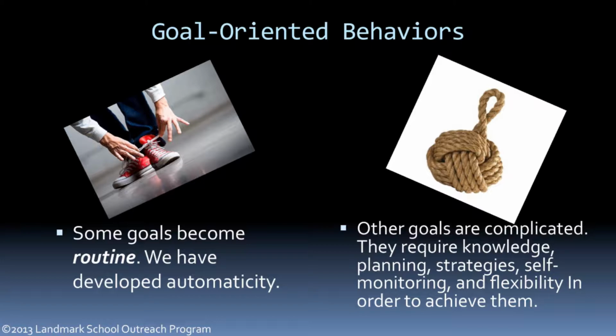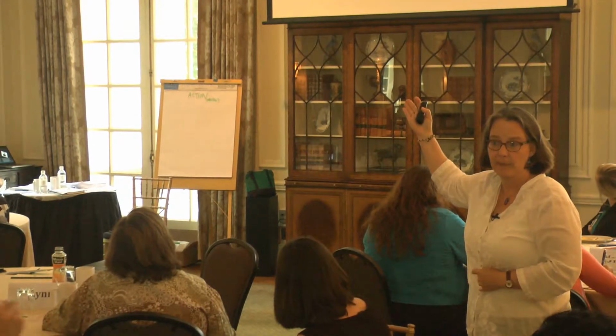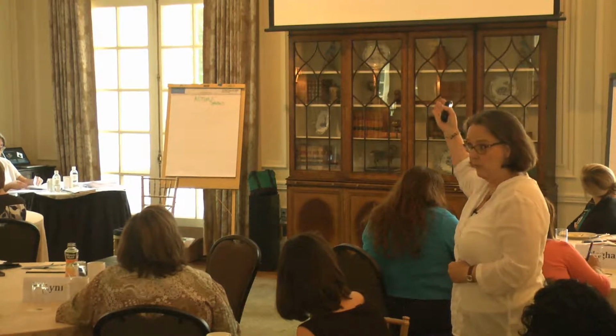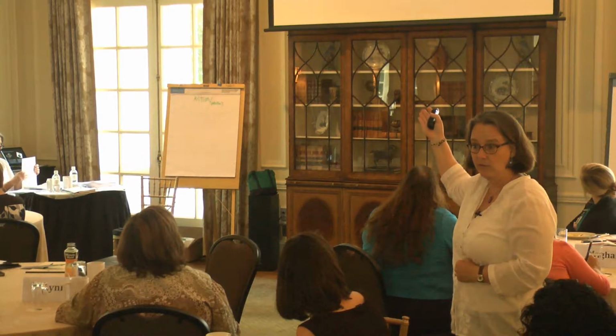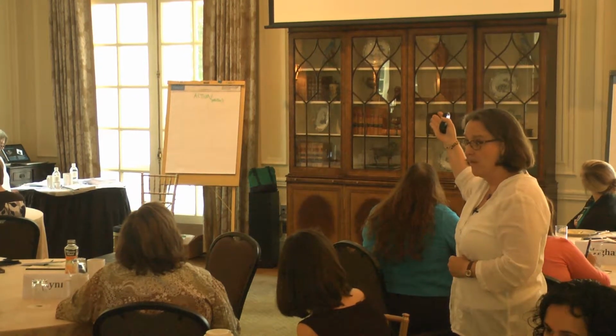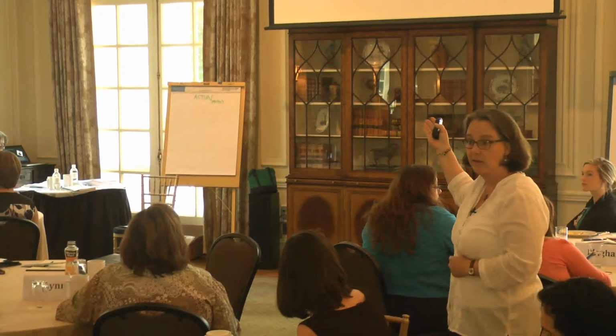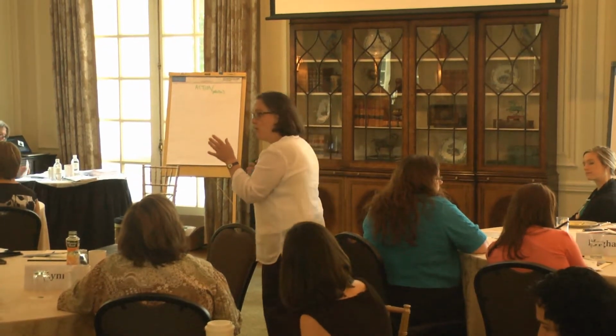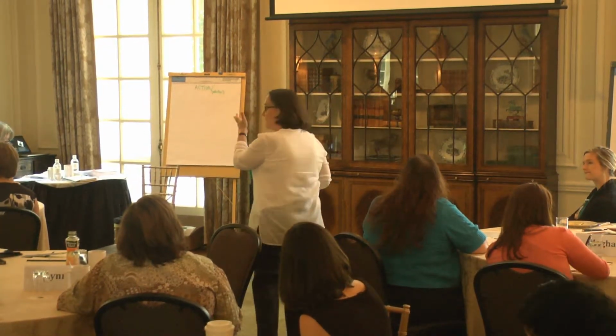So there's a picture up there of somebody tying their shoes. It takes executive function to tie your shoes. And if you have ever watched a child learning how to tie his or her shoes, you know it's a major complicated process. And something happens over time, and that process becomes automatic.